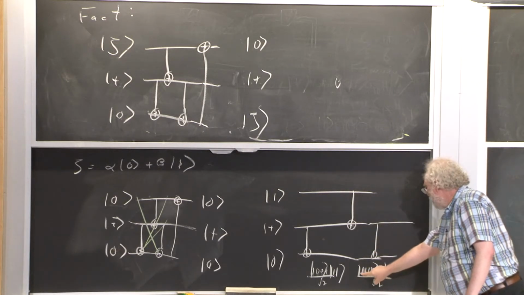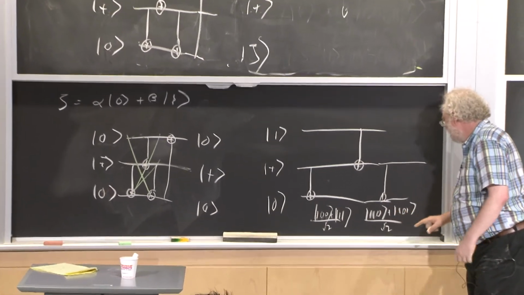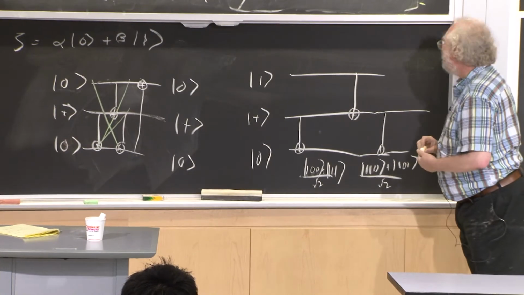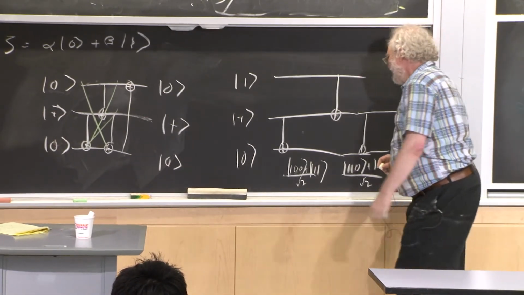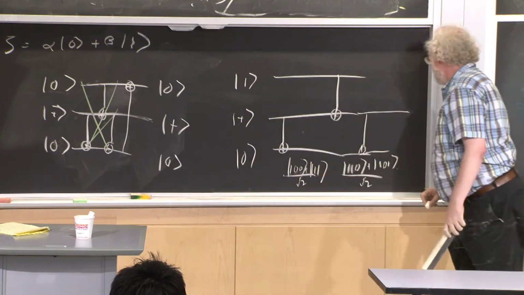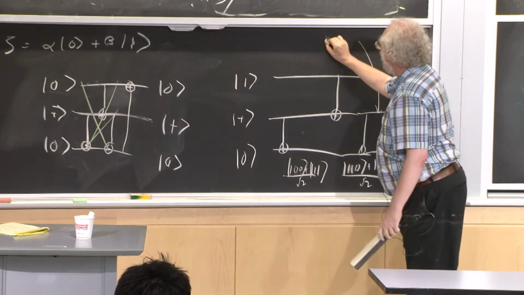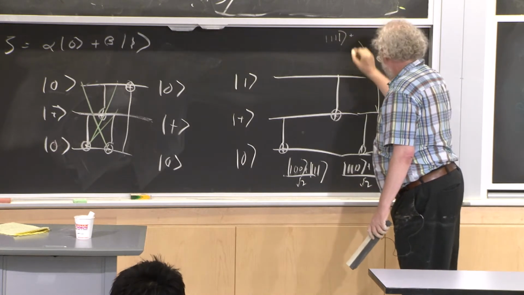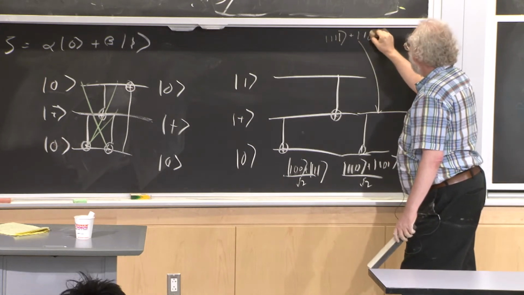So it becomes 1, 1, 1 plus, okay, I'm running out of room here. But you can see that here it's 1, 1, 1 plus 1, 0, 1.